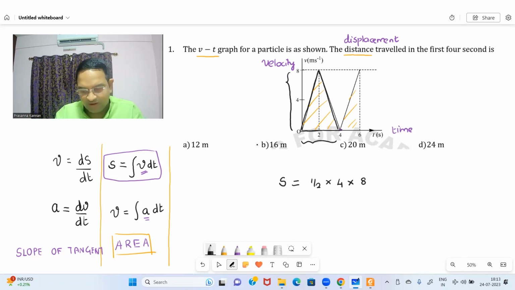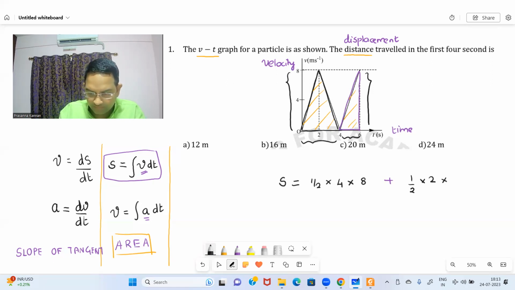So this gives me the area of the first triangle. Now there's the next triangle. We'll find the area, plus half. What is the base, students? 2 in this case. Multiplied by the height? 8. Okay.